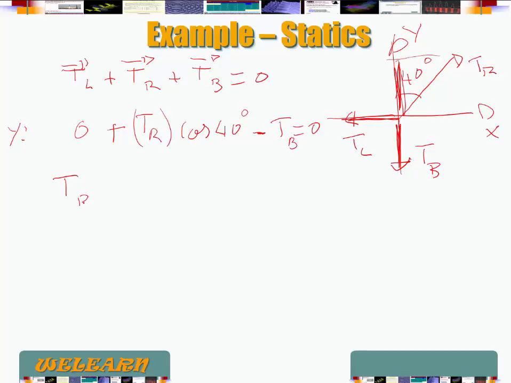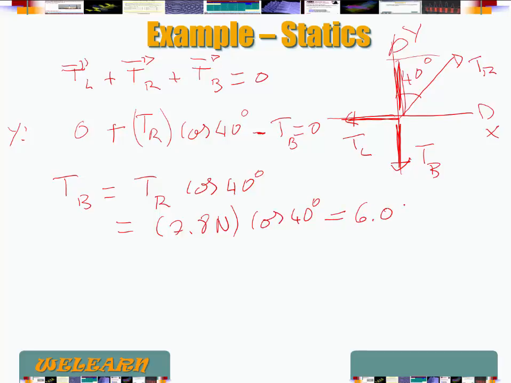So our TB is just equal to TR cosine of 40, which is 7.8 newtons times cosine of 40 degrees, which comes out to be 6 newtons.